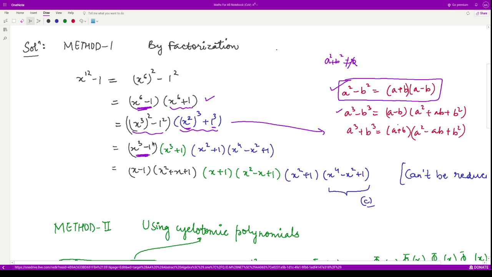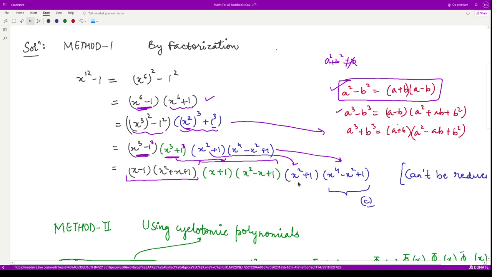We can write 1 as 1 cube, no problem in that. So it would be x minus 1 into x square plus 1, and then again we can apply the formula of a cube plus b cube. So we can write 1 as 1 cube. So this thing would turn out to be x plus 1 into x square minus x plus 1, and then this factor as such, and then this factor as such.